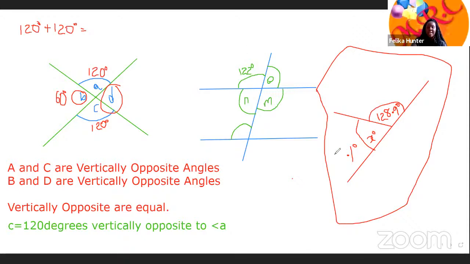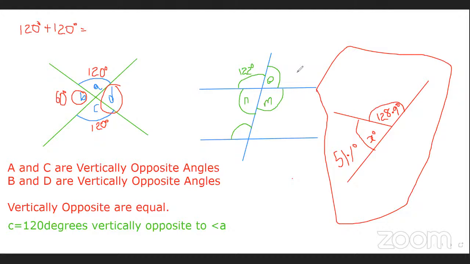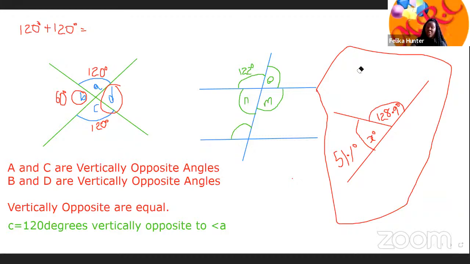Do you realize what's the reason for getting 51.1? Subtracting. When I say reason, is it a vertically opposite angle?